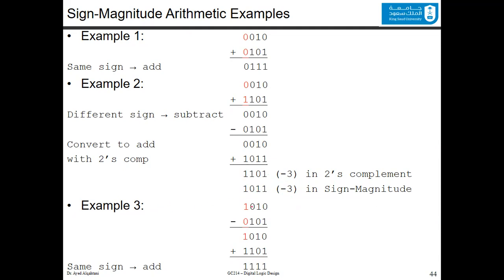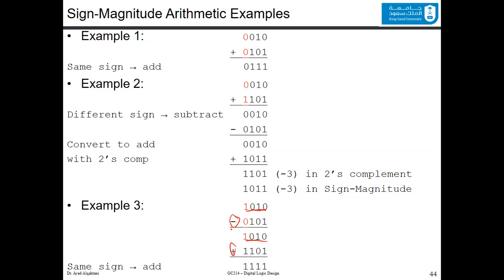Now, another example, you do the subtraction of different numbers, as you can see here. Since this is subtraction, you copy the same first number here, and then you convert the subtraction to addition this way.